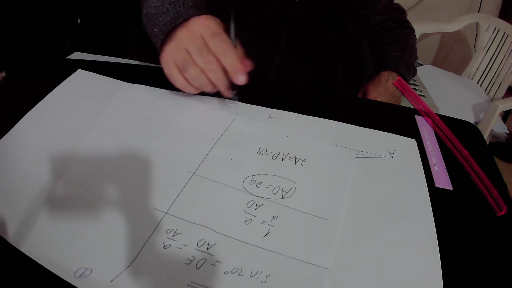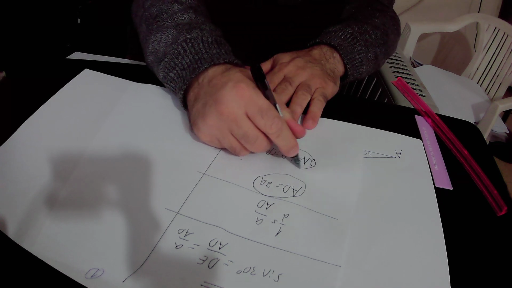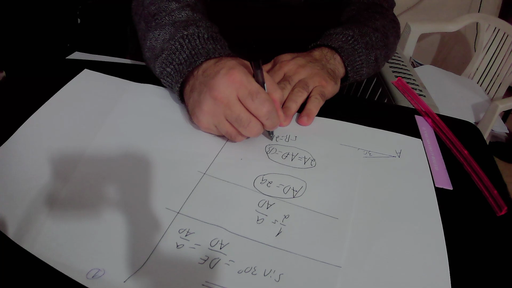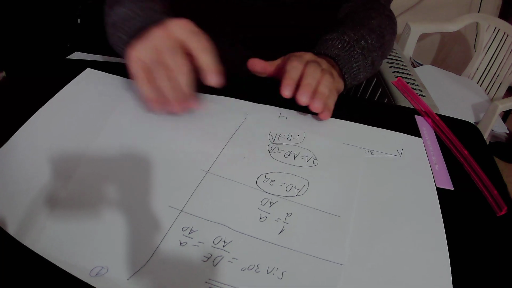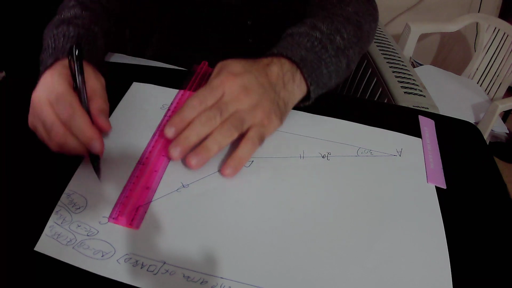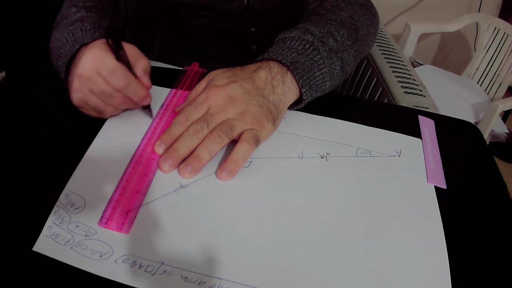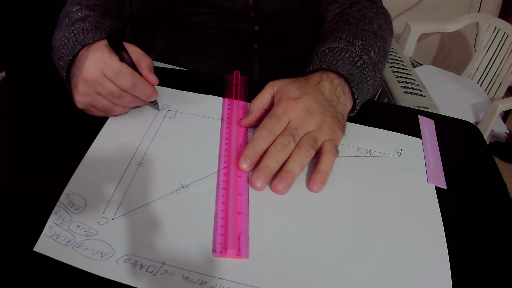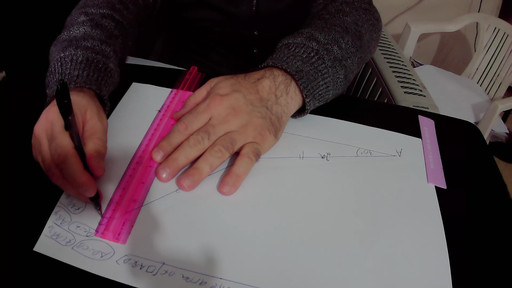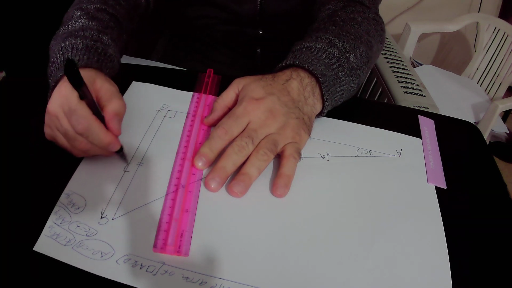So from this equation, we derive that CB also equals 2A. CB equals 2A.